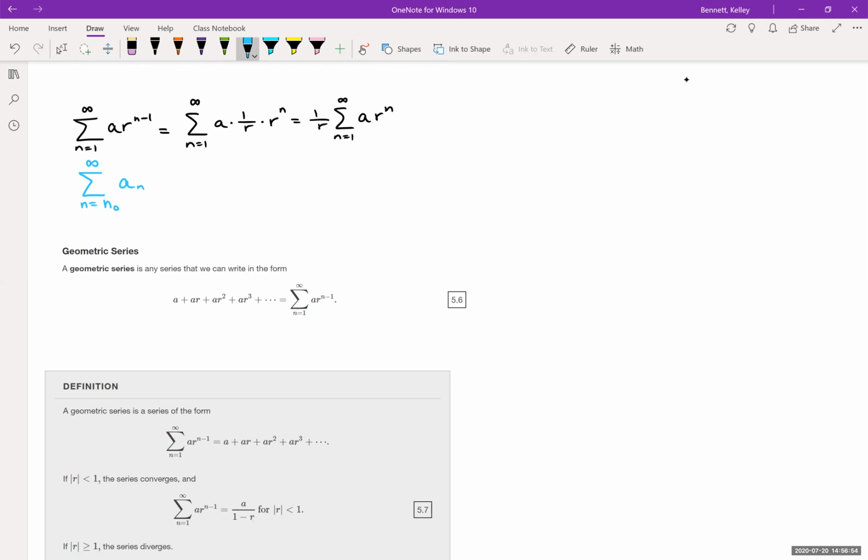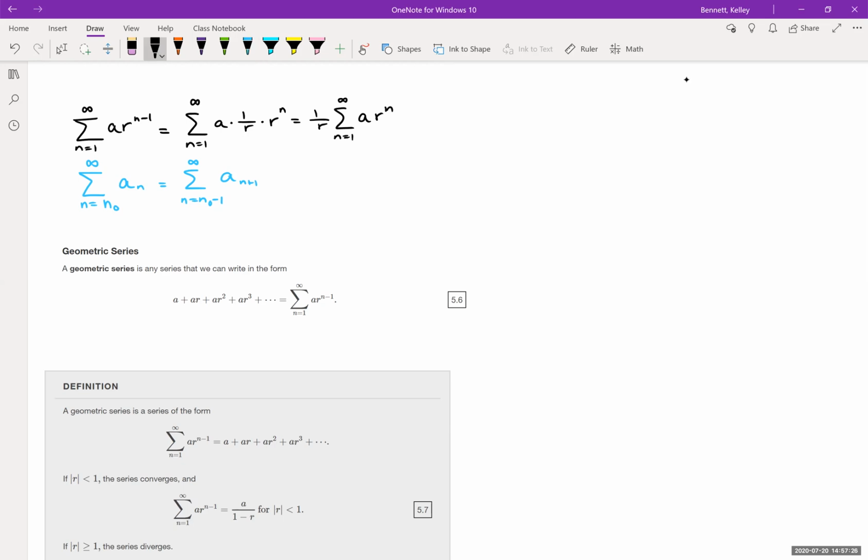If I want to make my series start 1 below, I can drop the summation notation down by 1, but then I have to bring my exponent up by 1. So if I bring it down by 1, then in here I have to bring it up by 1. You're kind of just compensating in the indices.